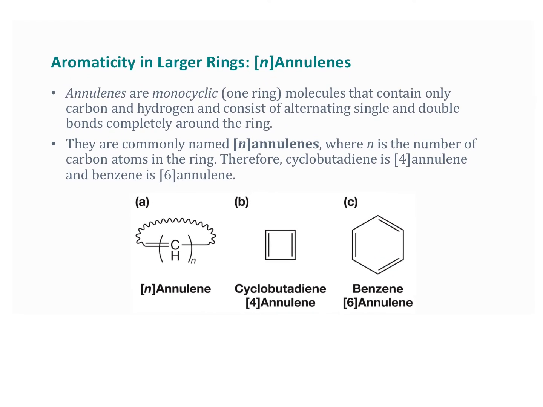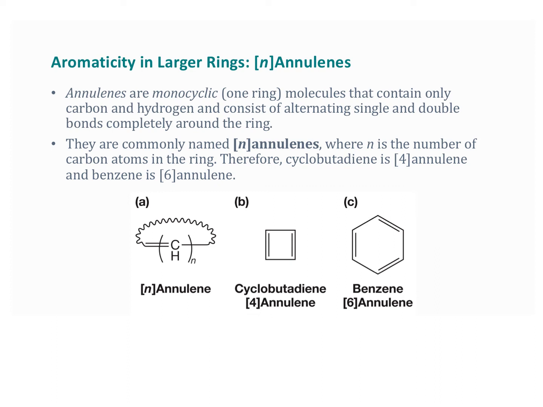Benzene and cyclobutadiene are monocyclic hydrocarbons with carbon-carbon double bonds and carbon-carbon single bonds alternating around the ring. And so those molecules belong to a class of compounds that are collectively called annulenes.